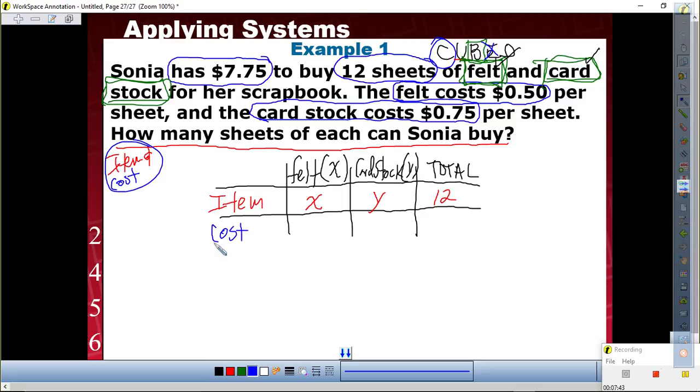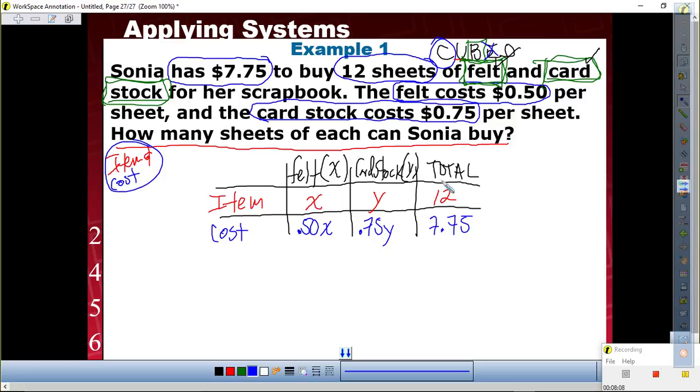Now let's go with the cost. What is the cost for the felt sheet? 50 cents. But since we don't know how many she's going to buy, what do we write? 0.50x. That is correct. So what do we write here for cardstock? 0.75y. And what is the total amount that she's going to spend? $7.75.